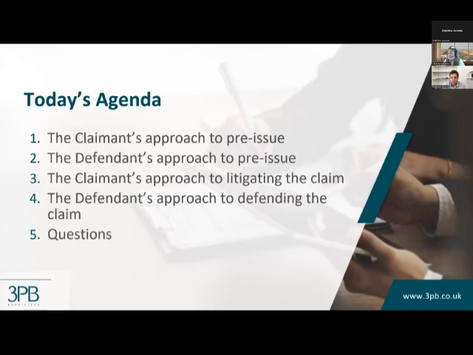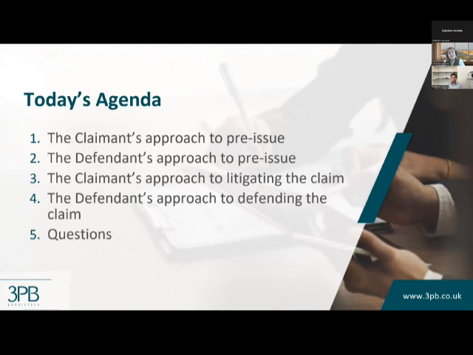These tips and tricks and case law overview come from our experience in being instructed in these cases. 3PB is routinely on both sides of these cases, which helps us in Chambers to manage these kinds of claims. We're going to go through firstly the claimant approach to pre-issue: what we are doing before the claimant decides they're ready to issue a claim, or whether or not they are ready to send a letter before action.